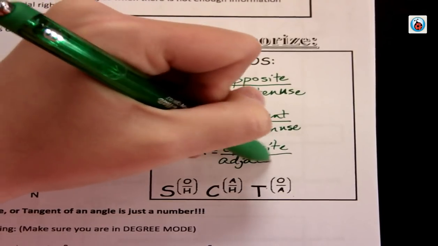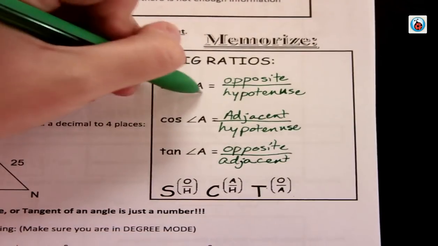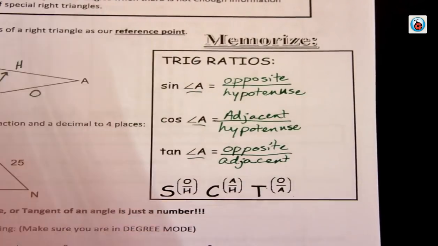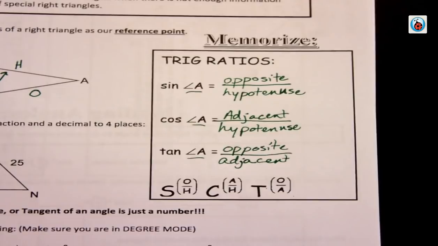And you will become very familiar with all these. But one thing I want you to notice is that all of these have an angle beside them. So sine of an angle is equal to the opposite side divided by the hypotenuse. Cosine of an angle is equal to the adjacent and the hypotenuse. Tangent of an angle is equal to opposite over adjacent.